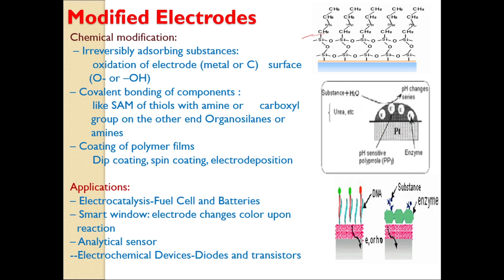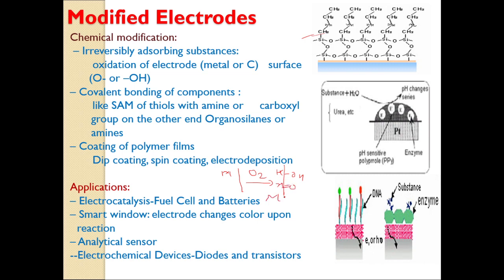Even by direct oxidation, if this is a metal surface M, and if we carry out oxidation of that particular metal, we can add various functional groups on the surface.